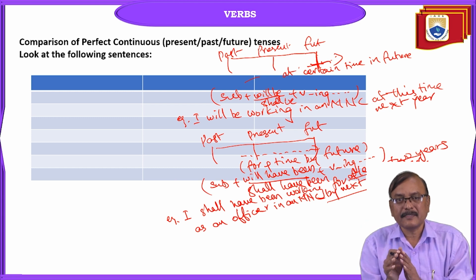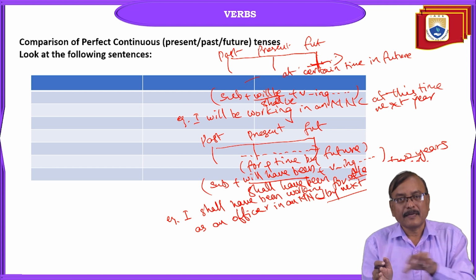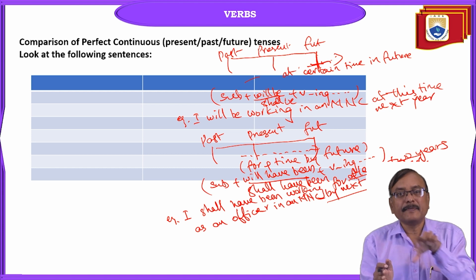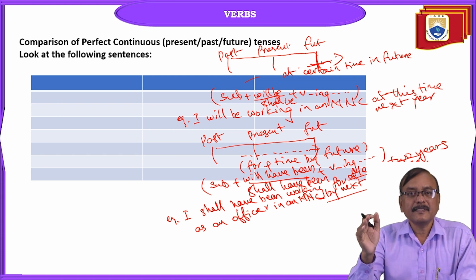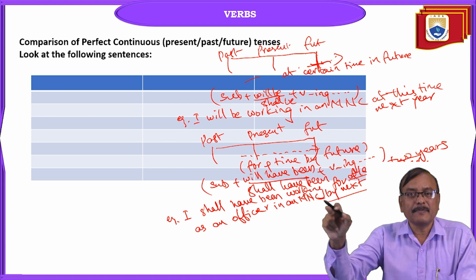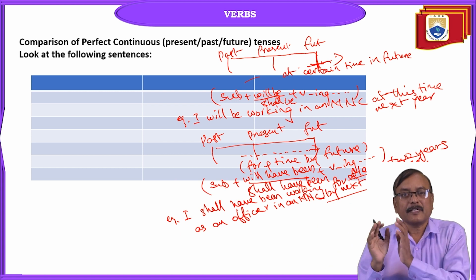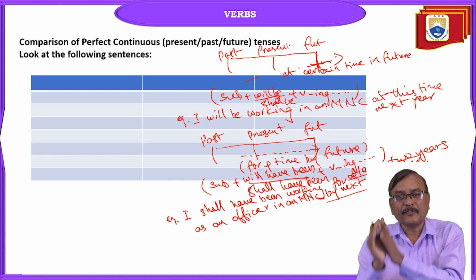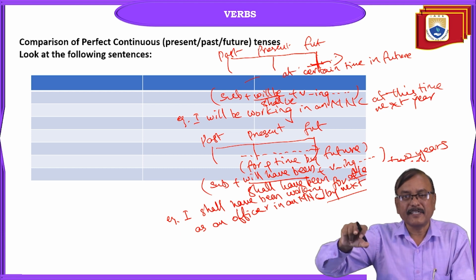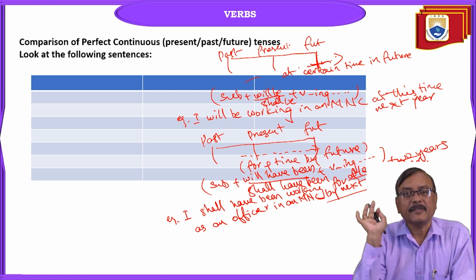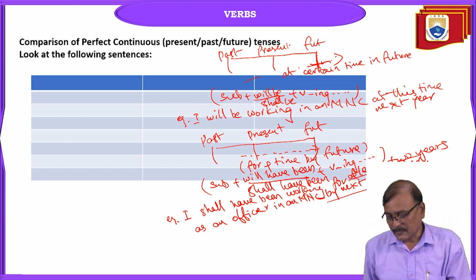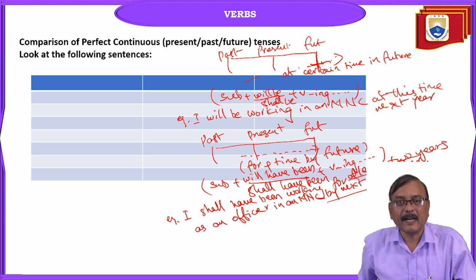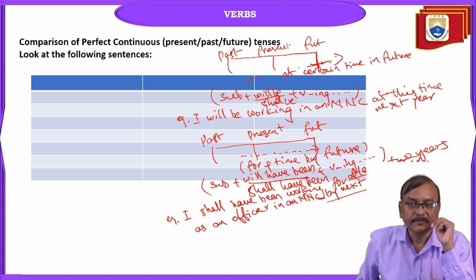Past perfect continuous tense means by past, before past, for some time they had been continuing. Future continuous means at a particular time actions will be continuing. Future perfect continuous tense means before future, for some period they will have been continuing. Right? Here, get the clarity and have the comparison.